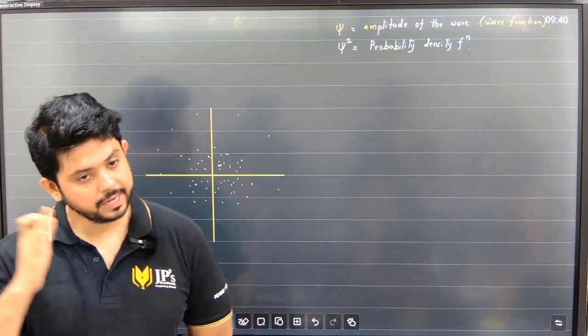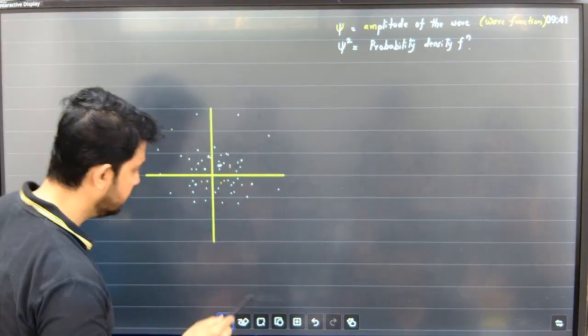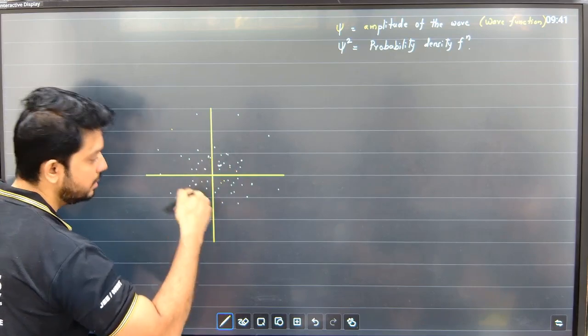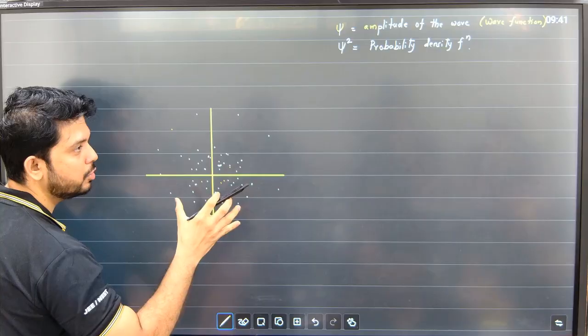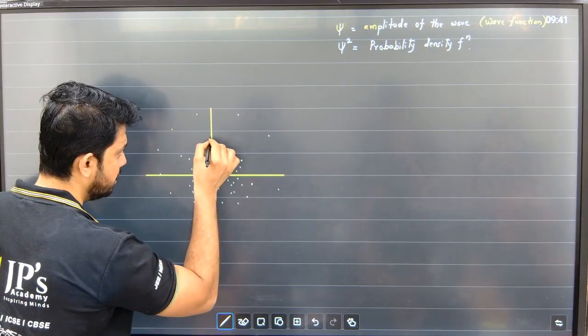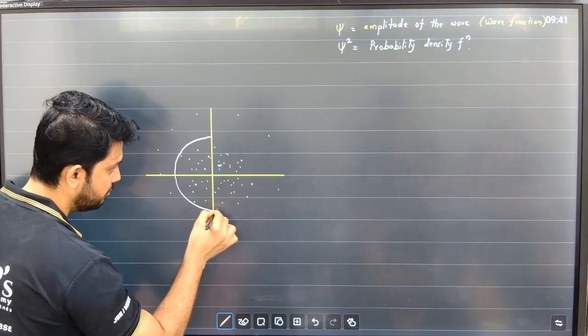This is all mathematically. It was also later proved experimentally. And what was done is, if you try to bring maximum number of dots within one particular region, for example, I'll try to bring in maximum number of dots in one particular region.